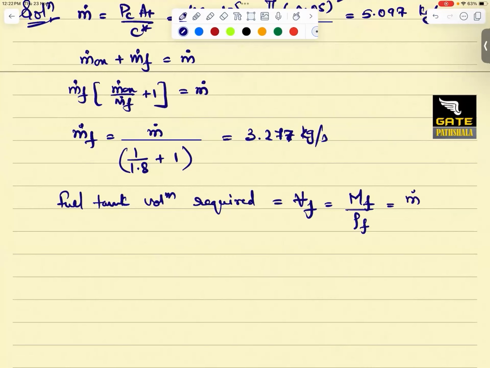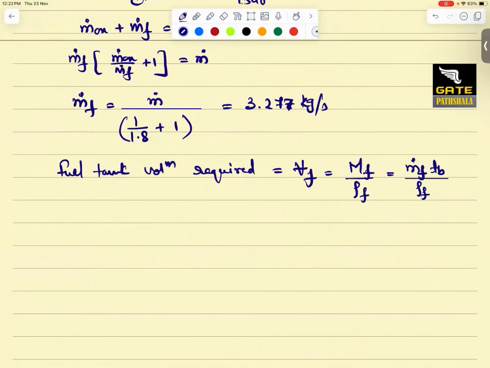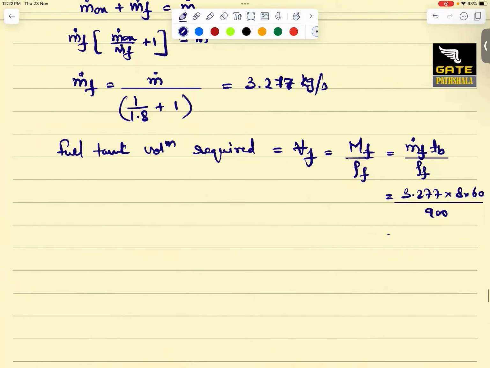So mass of the fuel is mass flow rate of the fuel into the burn time, divided by density of fuel. 3.277 into burn time is 8 minutes, so 8 into 60 seconds, divided by density of fuel is 900. Give me the volume of the fuel.